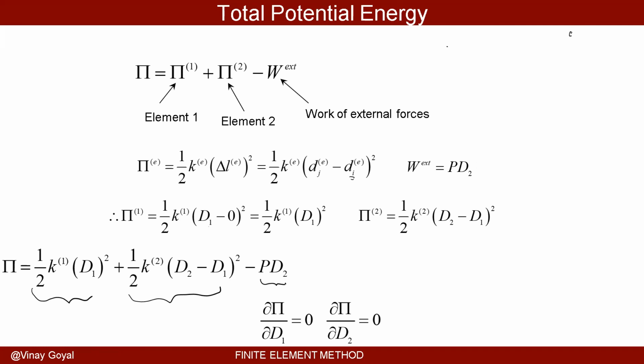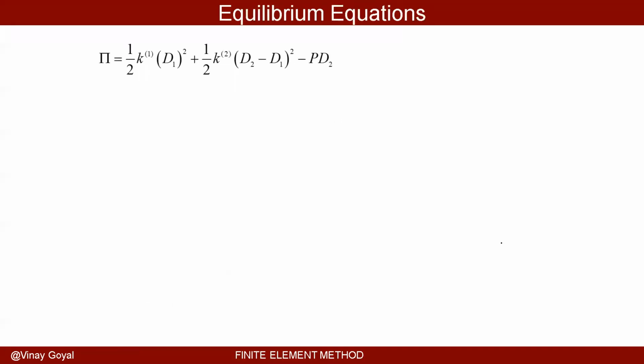And now pi depends on the deflections D1 and D2, which are unknown. So the deflections D1 and D2 that render the system in equilibrium are the ones that minimize pi. So the derivative of pi with respect to D1 is 0, and the derivative of pi with respect to D2 is 0. And now I have two equations, two unknowns. I should be able to solve for D1 and D2.